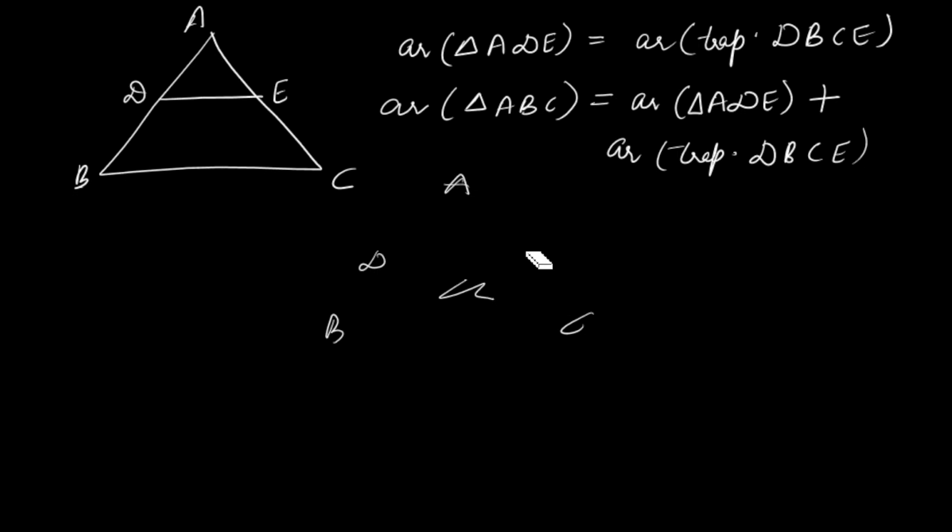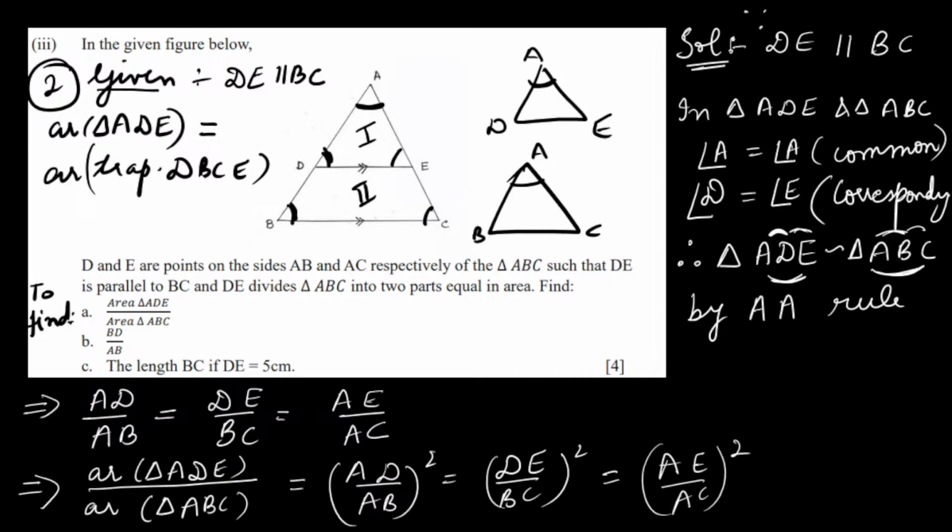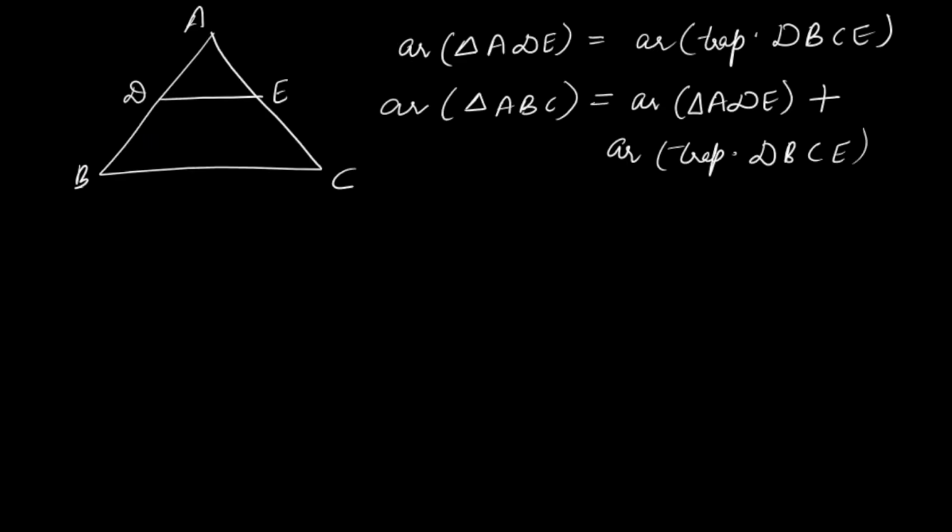Now we need the ratio of this part, 1 by 2, of area of ADE plus area of trapezium. If these areas are equal, I can write both the areas equal to x centimeter square. So this is also x centimeter square. So x centimeter square plus x centimeter square will become 2x centimeter square.